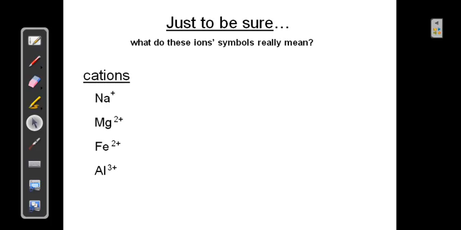Now we are talking about the ion symbols. What do they really mean? Take for instance the cations.